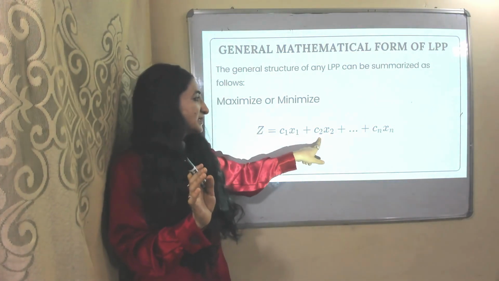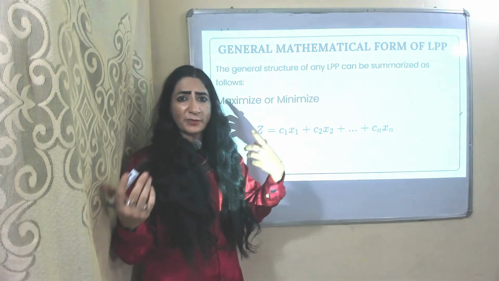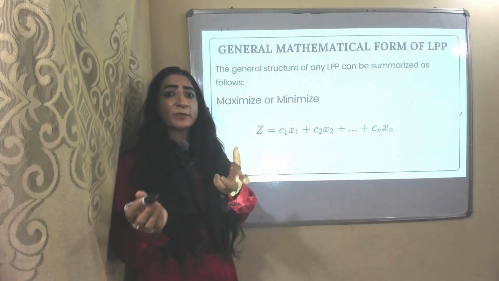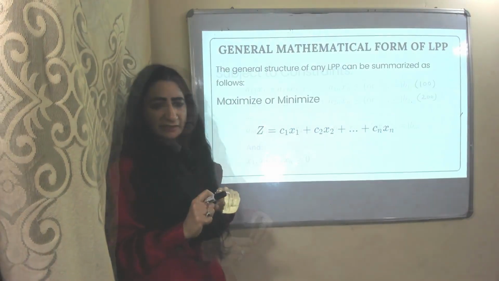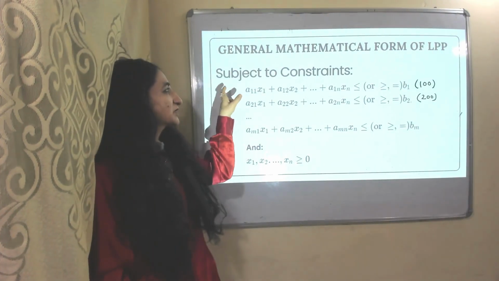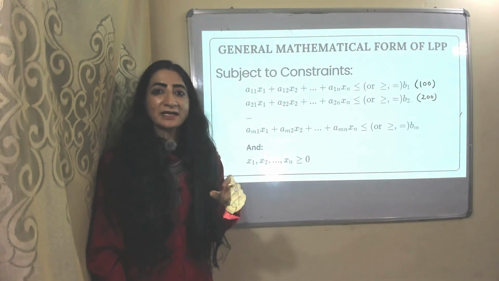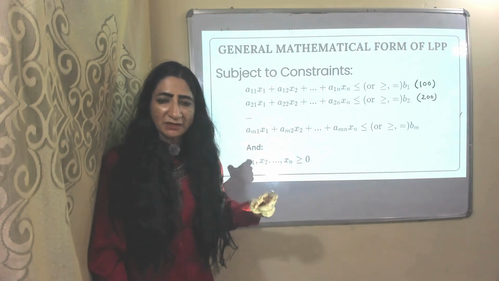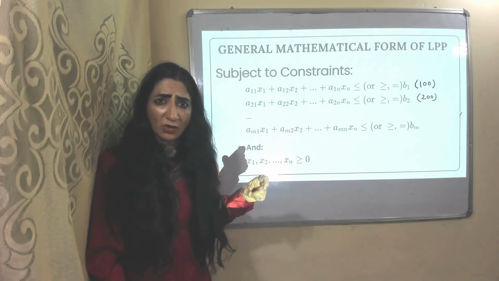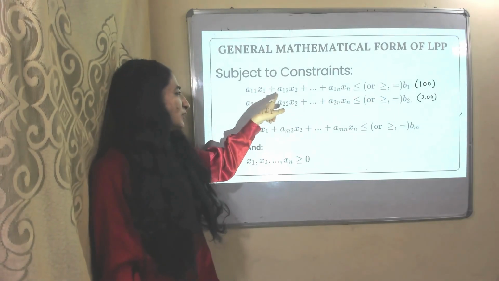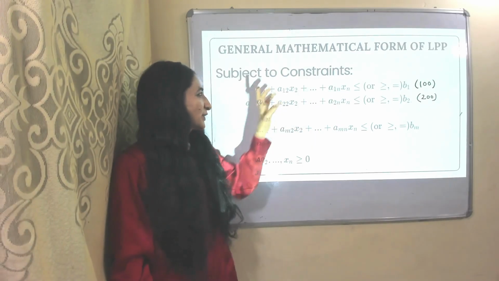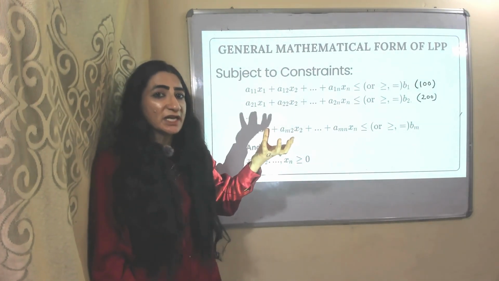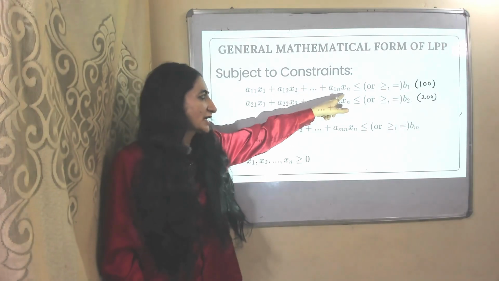Where C1, C2 and Cn represent price, value or profit from all these things. Our objective function is subject to constraints. That means we have to achieve our objective within some limitation, within some constraints. A11, A12, A1n represent how much resources we need to produce X1, X2 and Xn.